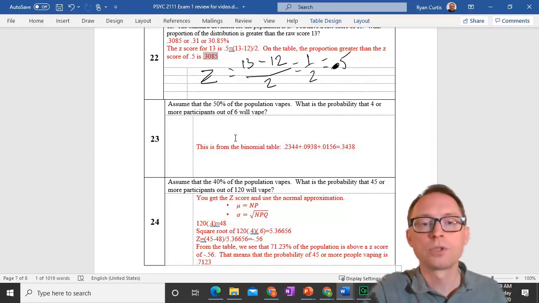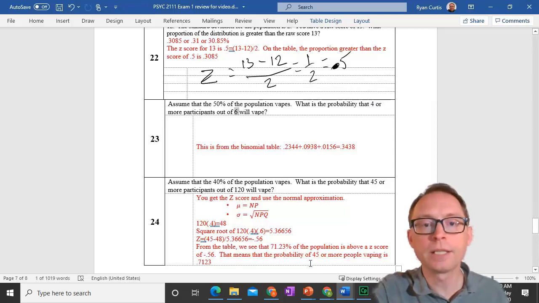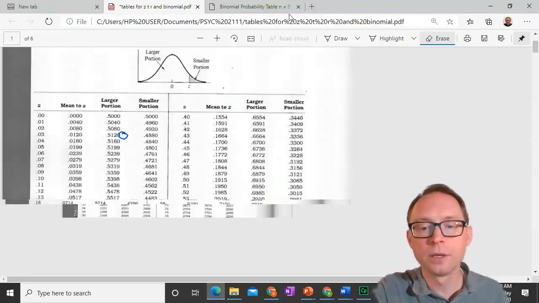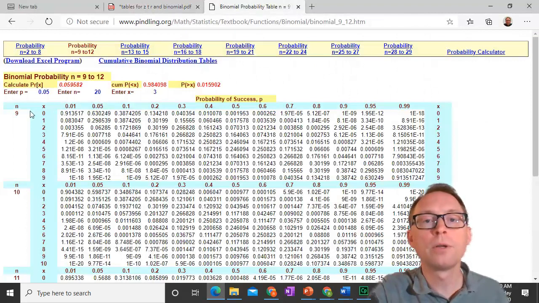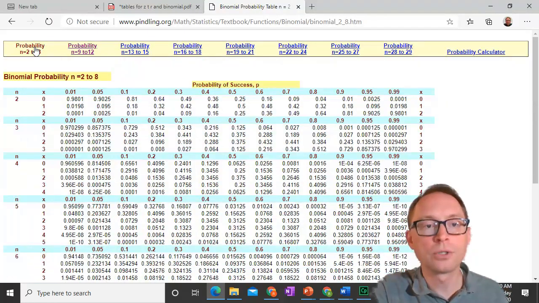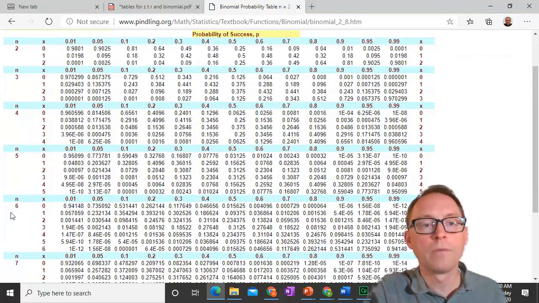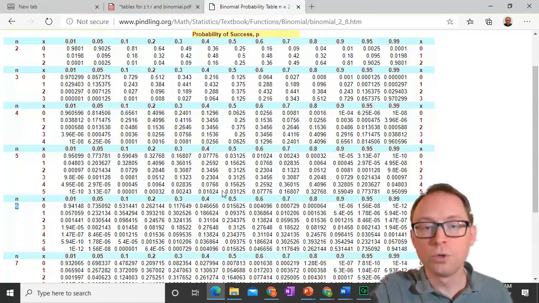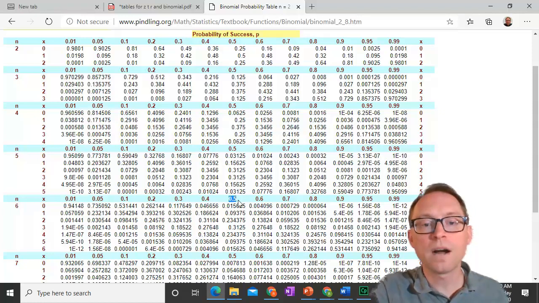So what it's looking for is for us to look at the binomial table. And in this case, the total number is 6. So let's go to the binomial table. Now, if you look right here, the n needs to be 6, and I have an n of 9 right there. So I need to go to the probability of n of 6 right here. Okay? Now, they said that we would assume that 0.5 is the normal probability of people vaping, 50% vape.